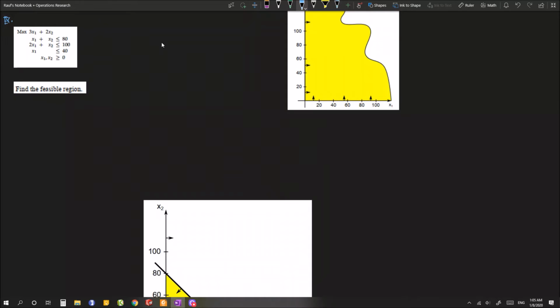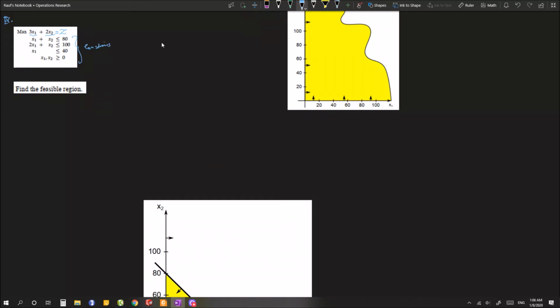Let's say we have a model that we created from a real-life problem with a set of constraints. This model says maximize 3x1 plus 2x2, where your constraints are as follows.